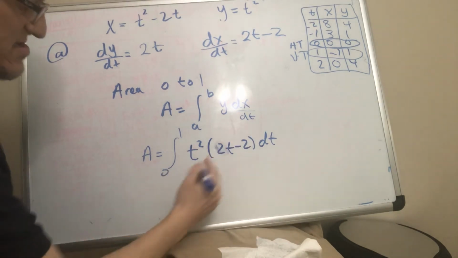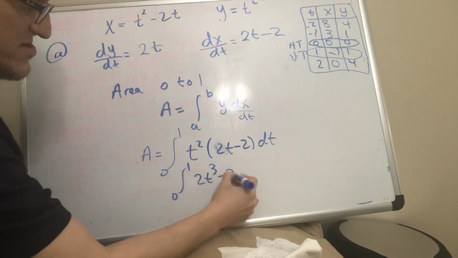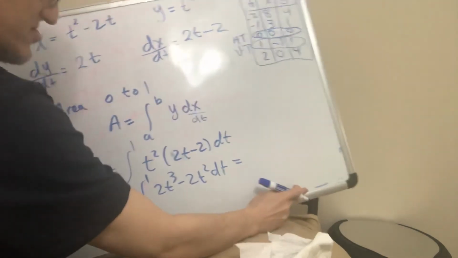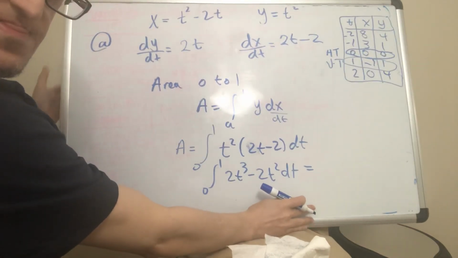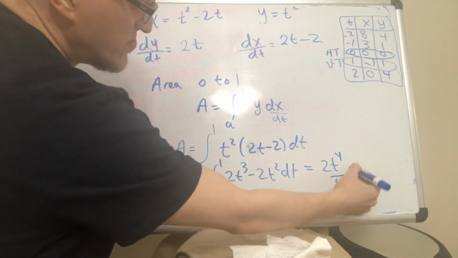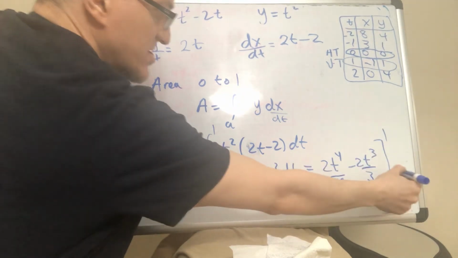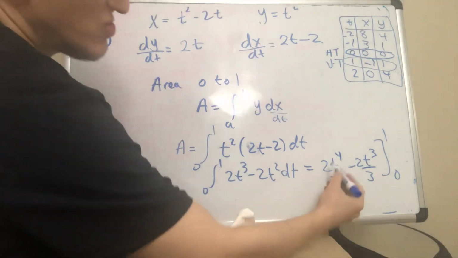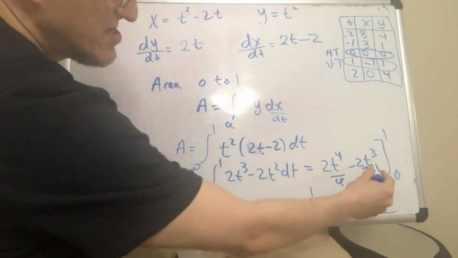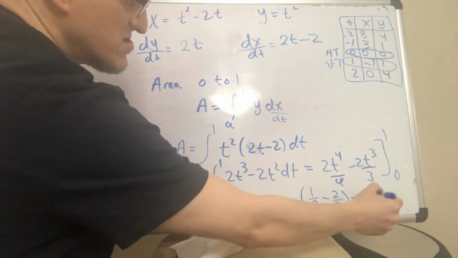Now you get this inside, 2t cubed minus 2t squared. You integrate, 2t to the 4 over 4, 2t cubed over 3, you put 1 and 0. 1 will give you 2 over 4, which is half, and 1 here will give you 2/3, and 0 will be 0.